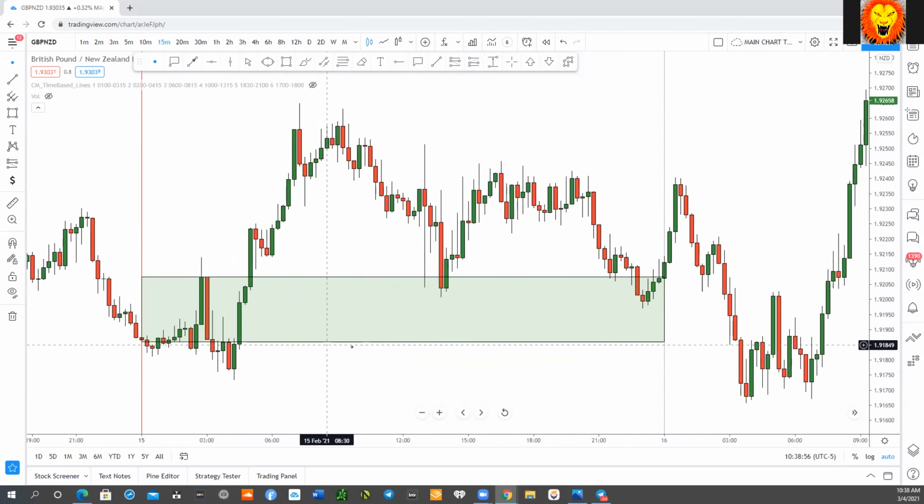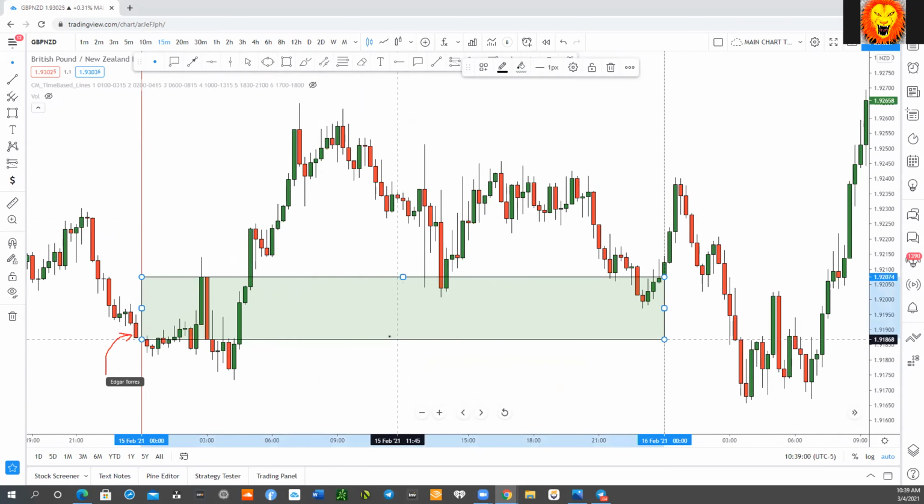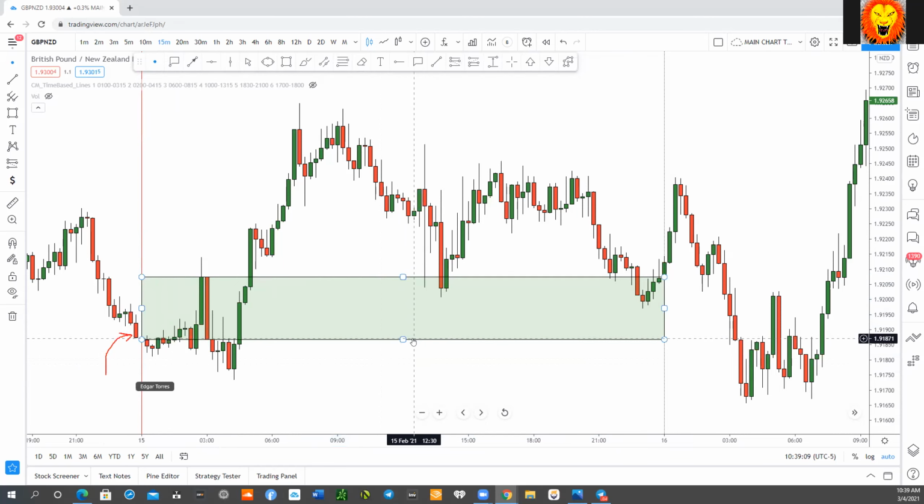It's where this candle closes that the next one opens. So put it right where this one closes, right here.